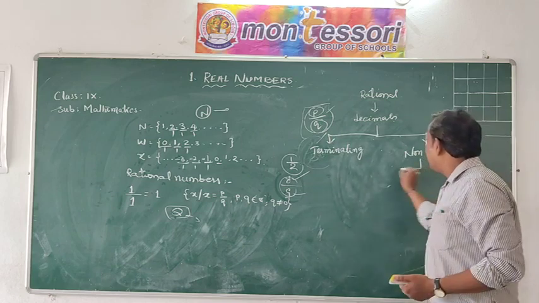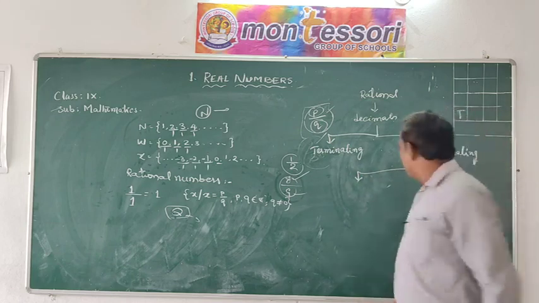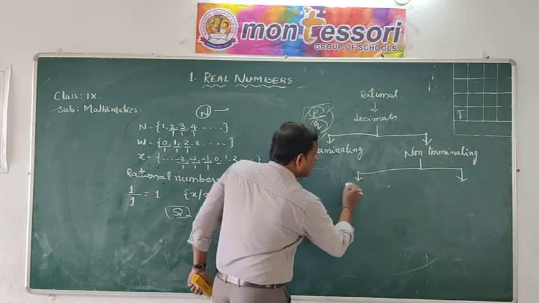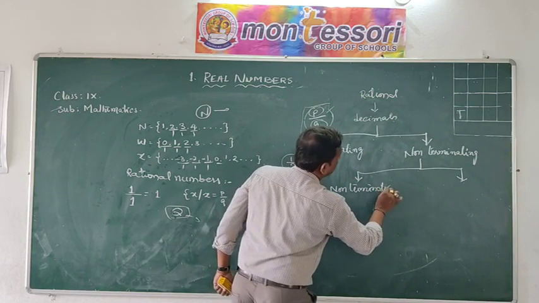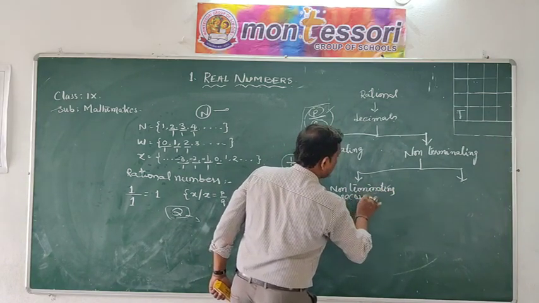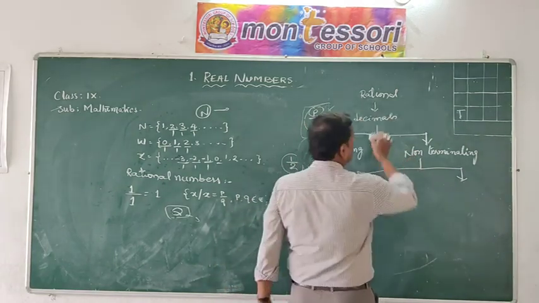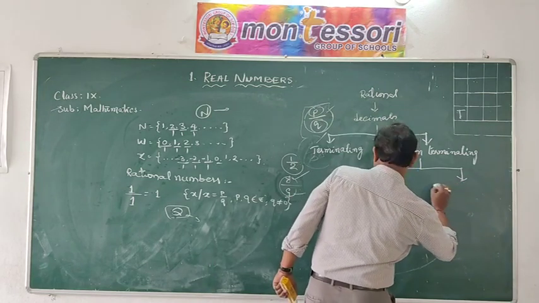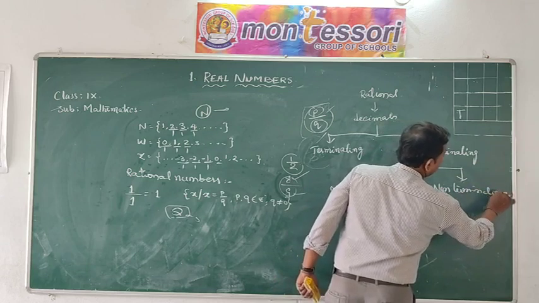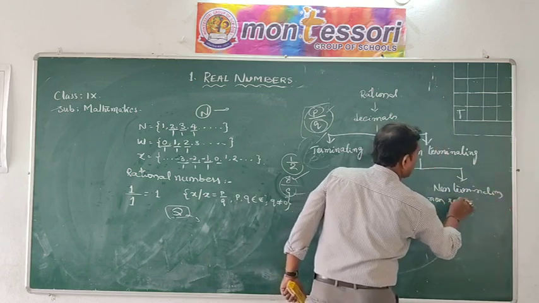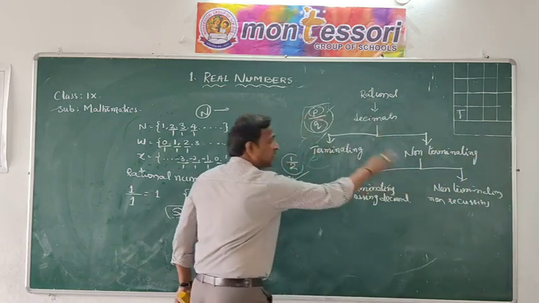Again, these non-terminating decimals we can classify into two types. One is non-terminating recurring decimal, but I will tell you that here, non-terminating non-recurring, but you don't think that all these are the rationals.